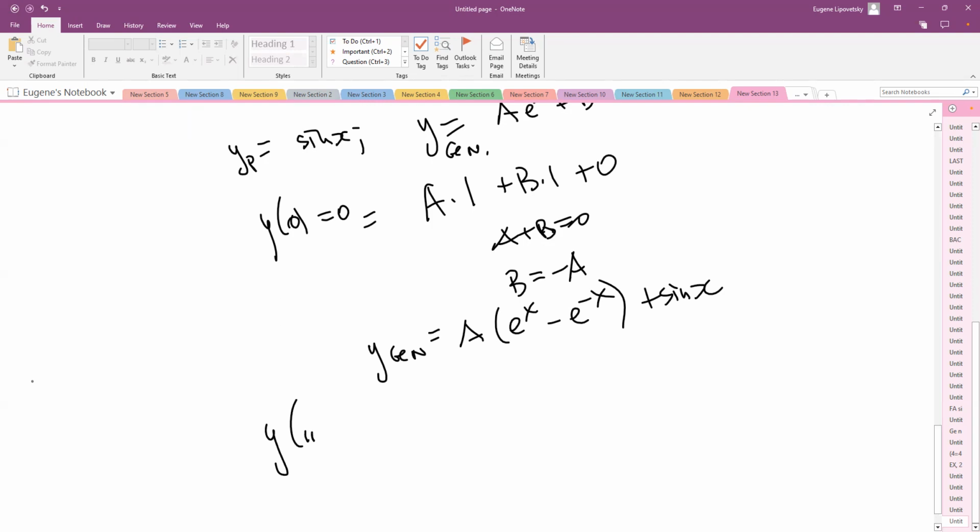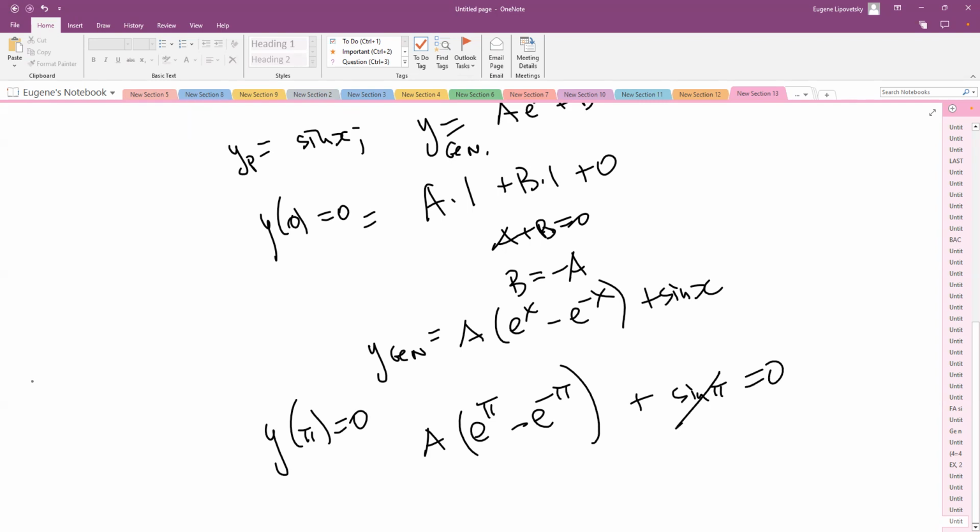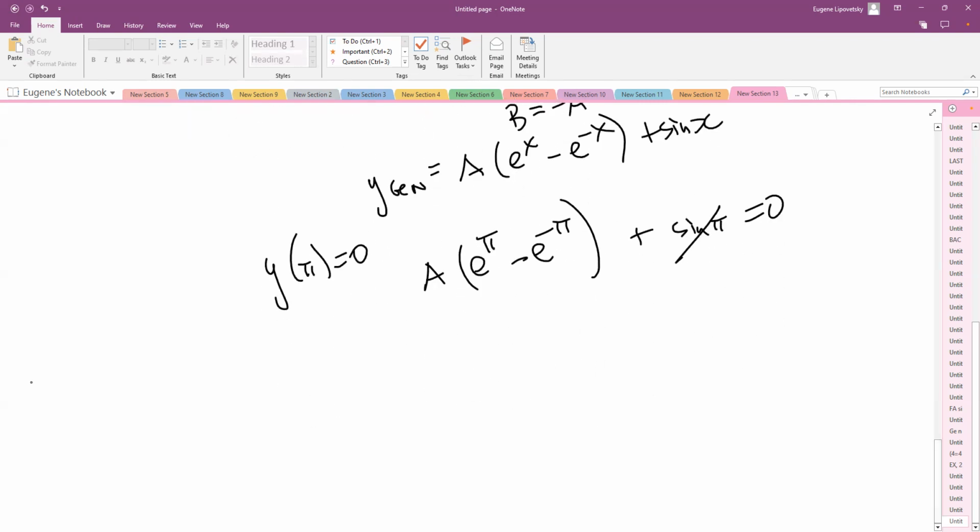Now y of pi is 0. That means a times e to the pi minus e to the minus pi plus sine of pi, which is 0, equals 0. That means that a is 0. Okay, so y equals just sine x. That's the solution to this problem.